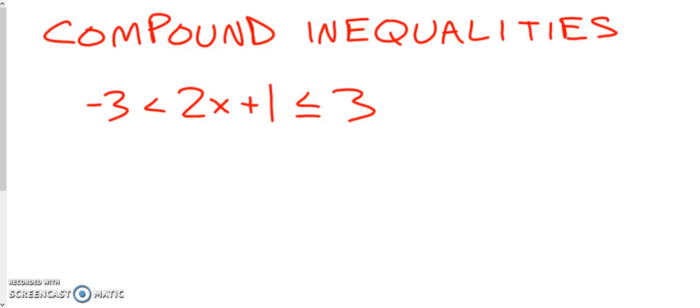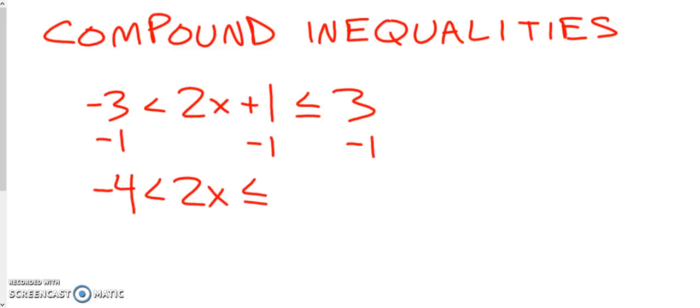How do you solve this? All right, so I need to get x by itself in the middle, so I'm going to start by subtracting 1 everywhere. Then what? All right.